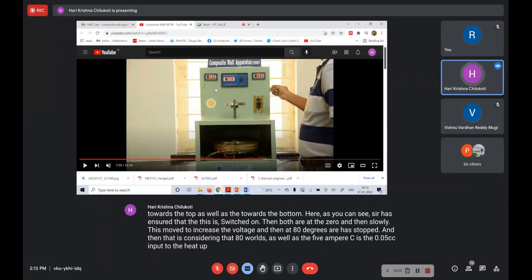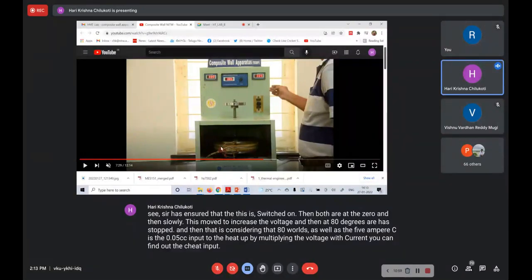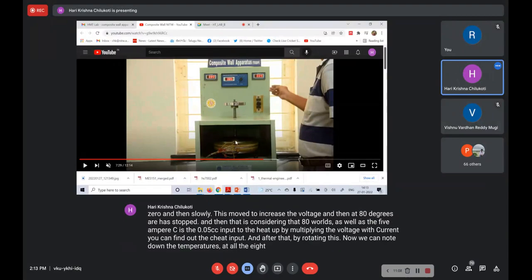By multiplying the voltage with current, we can find out the heat input here. And after that, by rotating this knob, we can note down the temperatures at all the 8 locations.